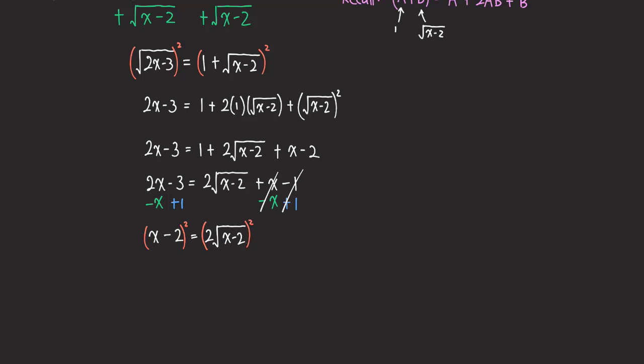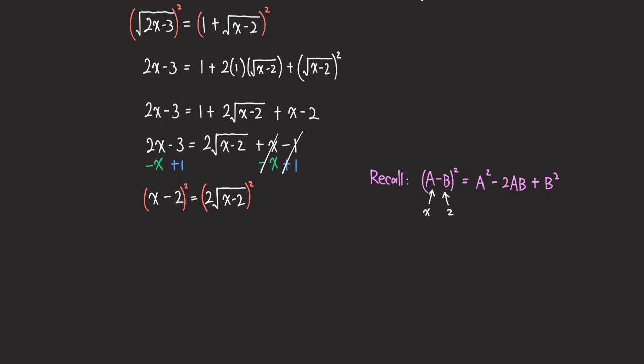Okay, so now let's just write down the formula again. This one is a little bit different because of the minus sign in the middle. So it will be (a minus b) squared is equal to a squared minus 2ab plus b squared. And as you can see, a is the x here, and b is the 2.